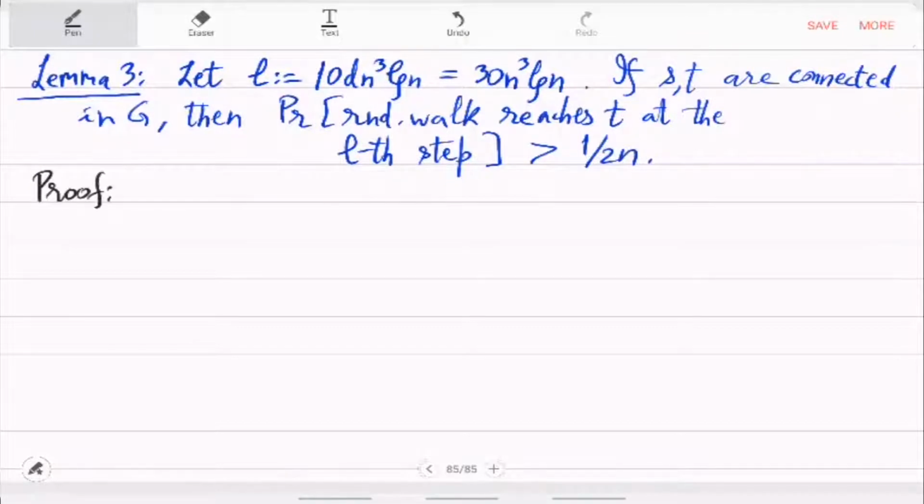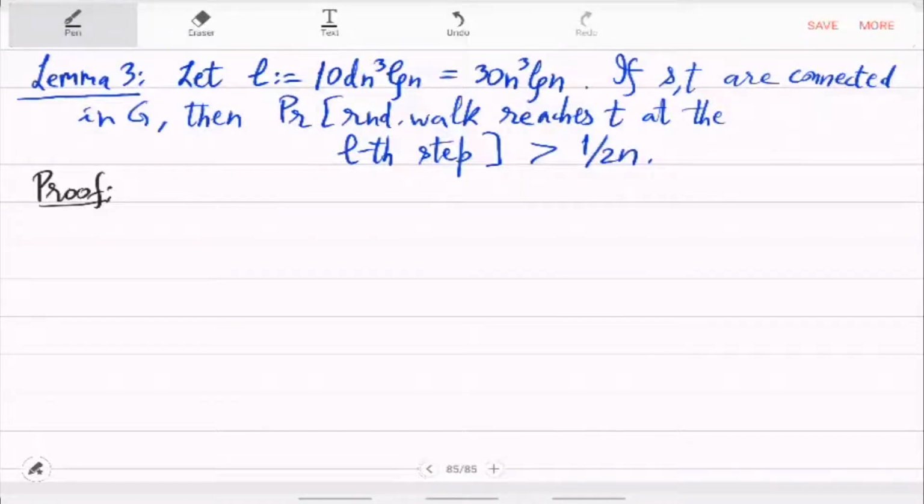So reaching T in the Lth step has sufficiently high probability, 1 over 2n, and to increase the success probability even more, we can boost this, we can take more steps.